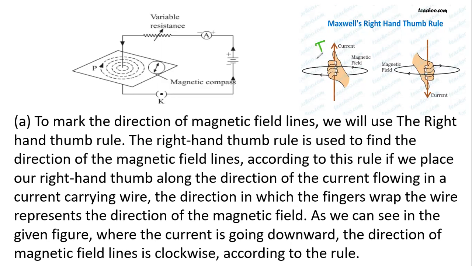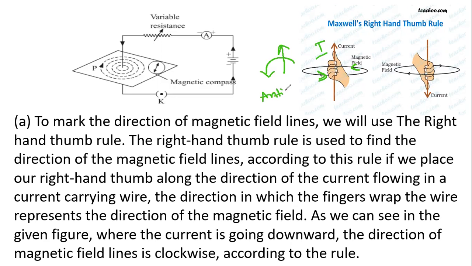Current is moving in the upward direction. When current is moving upward, you have to put the right hand. Actually here they have given a wrong direction. This is the direction. Okay, when current is moving upward, the magnetic field lines will be anti-clockwise.